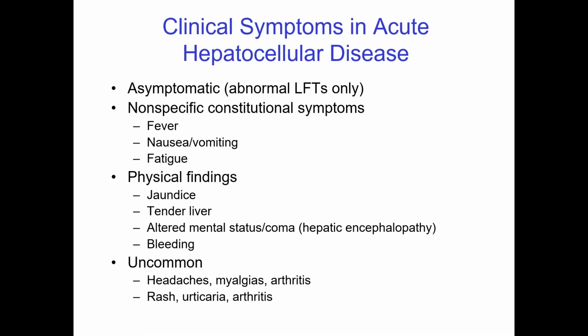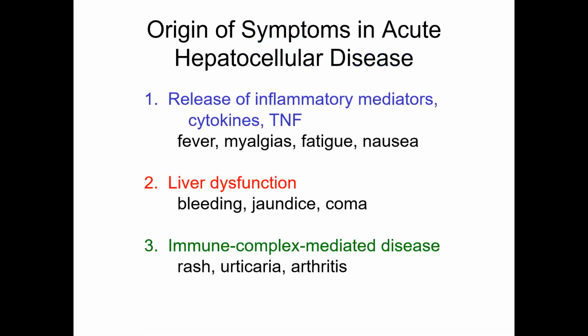Because of course you know that your liver is involved in the production of your clotting factors, especially your vitamin K dependent factors. And you could also have other uncommon symptomatology, including headaches, myalgias, arthritis, even rash, urticaria, and arthritis can be associated with acute hepatocellular diseases.